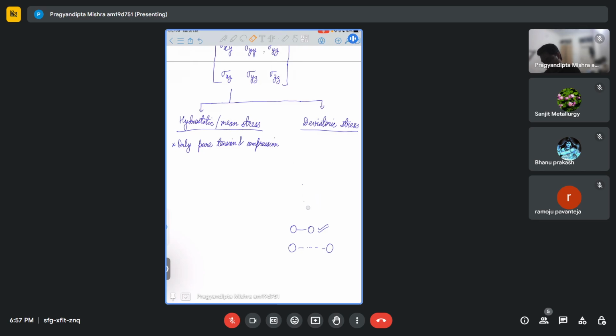I hope you have understood where the elastic region ends and where fracture starts for the pure tension or compression case. But to talk about something else happening, we need to look at some other kind of stress. Deviatoric stress represents the shear stress. So I think from here you can understand.